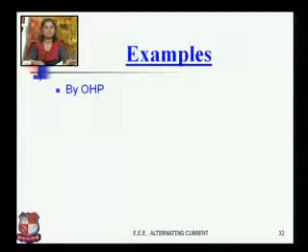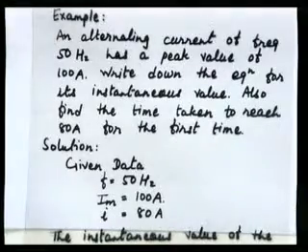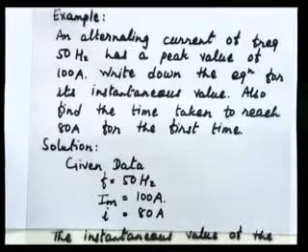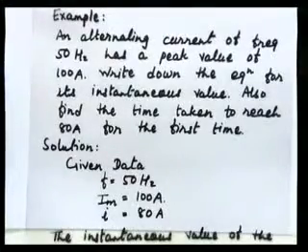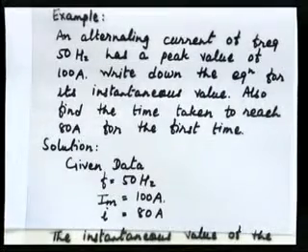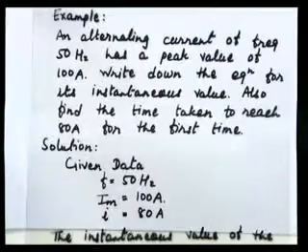Now another example that I will explain to you. An alternating current of frequency 50 Hz has a peak value of 100 ampere. Peak value of current is given. You have to write down the equation for its instantaneous value and also find the time taken to reach 80 ampere for the first time.